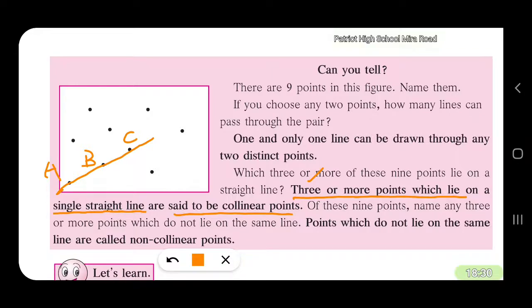If you produce it further, point D does not lie on the same line. So point D is not collinear with points A, B and C, but points A, B and C are collinear.